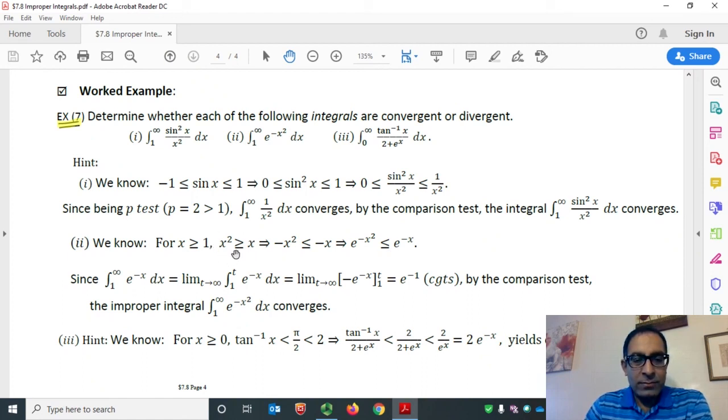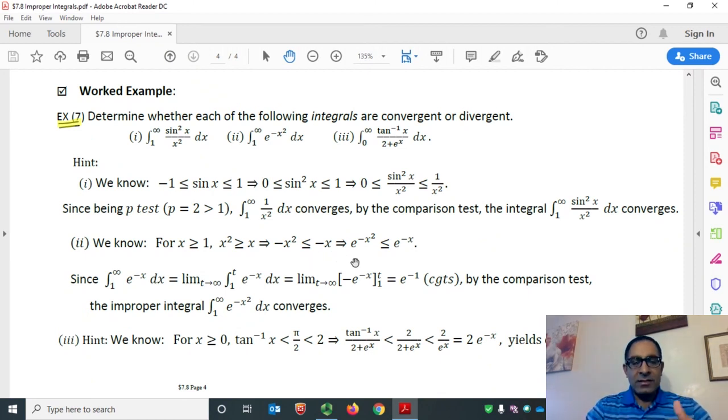This is true, right? I'm picking x greater than or equal to 1 because my integral starts from 1 and goes to infinity. Then multiply by negative, so negative x square is smaller than or equal to negative x.